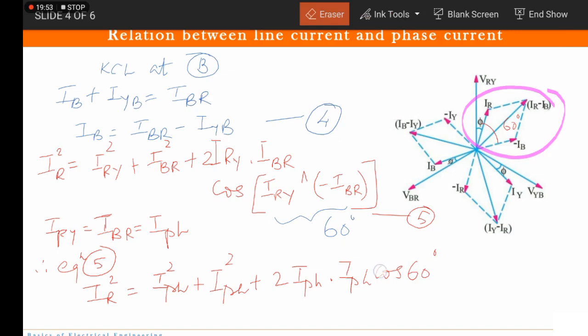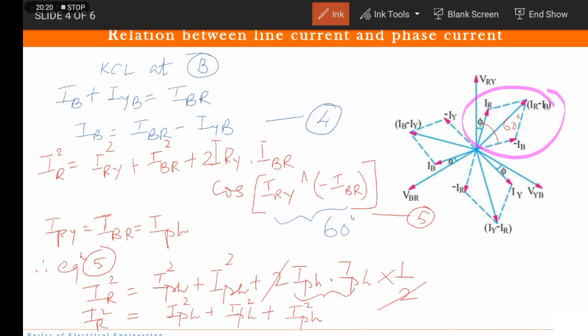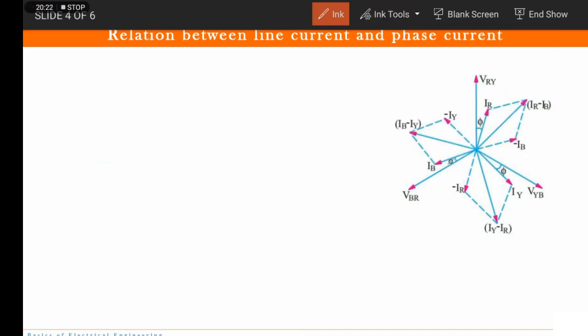So in the next step, we will put the value of cos 60. We will write half. So this gets cancelled. Okay. So the next equation would be, now this after getting multiplied becomes IPH square. This was equal to IR square. Fine. Okay. So what is going to be the next equation?